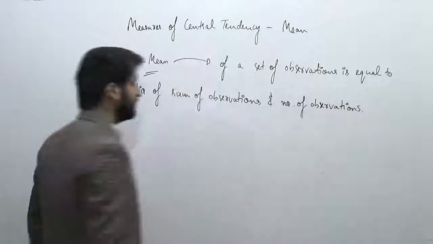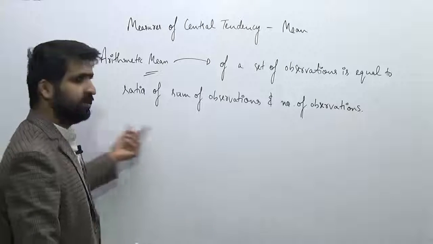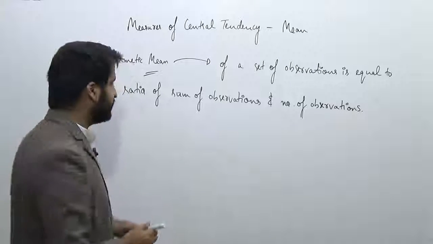So if we divide the sum of all the observations by the number of all the observations, we will get the arithmetic mean. So let's see how this works.